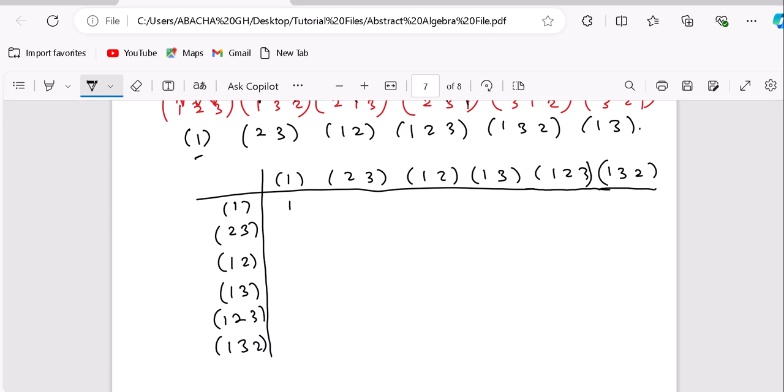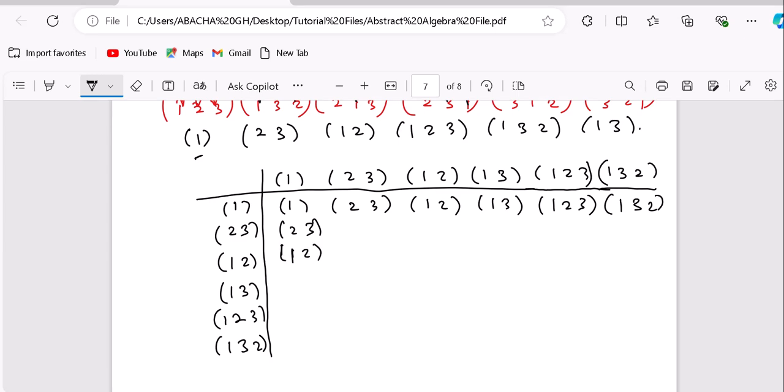The same thing applies to the column for the identity, so we fill in (2 3), (1 2), (1 3), (1 2 3), (1 3 2).